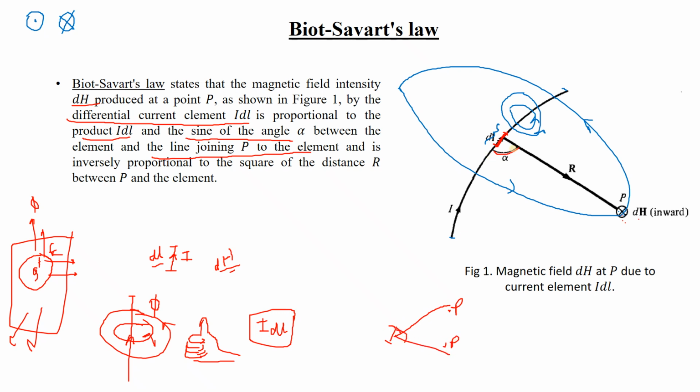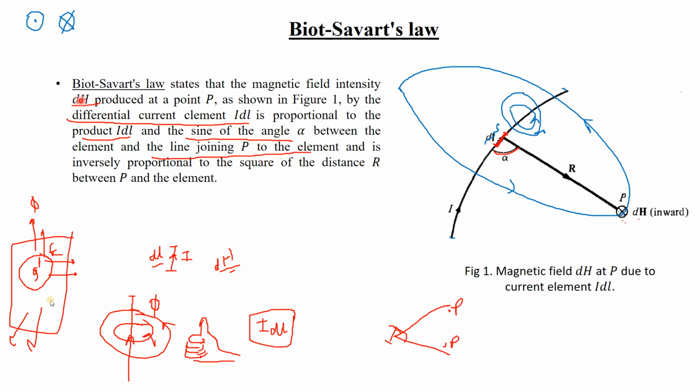If it is over here, then it is 90 degrees, otherwise it can be any angle alpha. So this is the current carrying element dL and this is the point P. So dL is making some angle alpha with respect to point P.